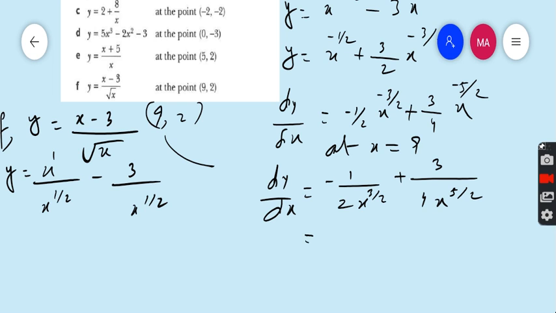Now satisfy with the help of the value of x equals 9. So 2x, x means 9, 9 power 3 upon 2 plus 3 upon 4, 9 power 5 upon 2.